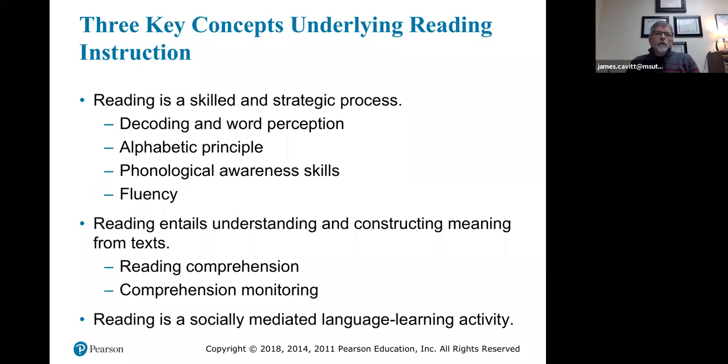There are the concepts underlying reading instruction. You have decoding, alphabet principle, phonological awareness, and fluency. They all go together. And remember, that's where dyslexia falls, being unable to apply the graphemes to the phonemes to the graphemes, the sound symbols to the visual symbols.